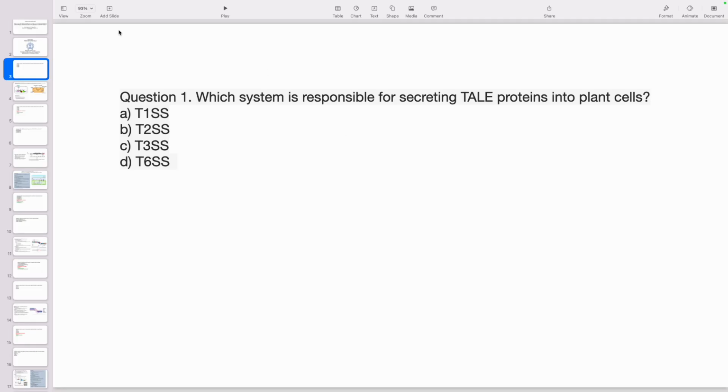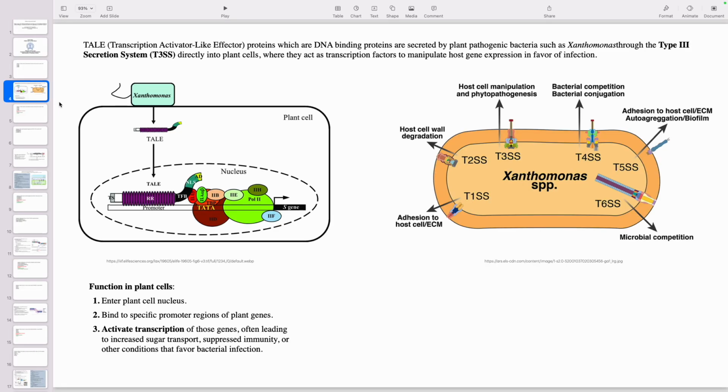So we will look into the concept. TAL stands for transcription activator-like effector proteins, which are DNA binding proteins that are secreted by plant pathogenic bacteria such as Xanthomonas through the type 3 secretion system directly into the plant cell, where they act as a transcription factor to manipulate host gene expression, which favors their subsequent infection.